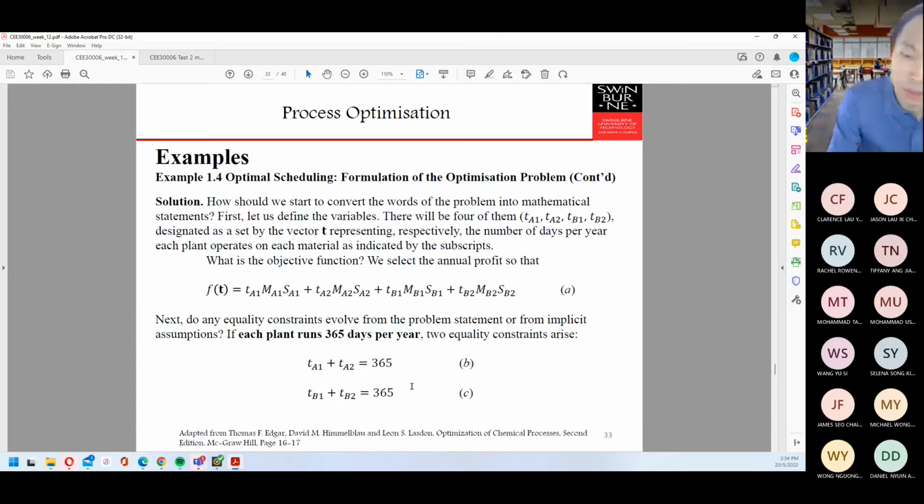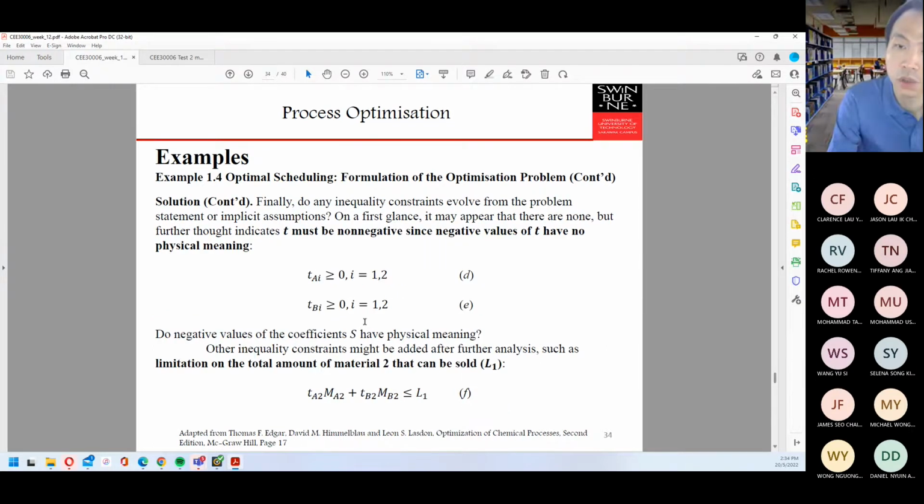So whatever the mathematical problem is, it has to be realistic, meaning that it has to fit within the real world situation. The other thing that we need to put in is that we must have a non-negative value of T. Then the limitation on the total amount of material that can be sold is also related to this one.